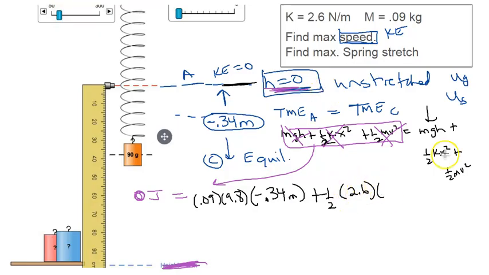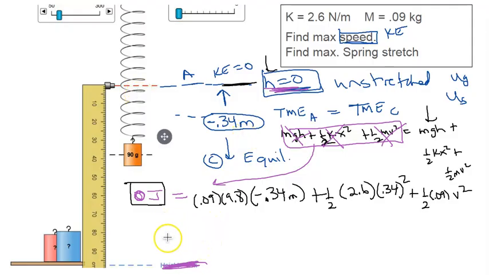So K is 2.6. Delta X is negative 0.34, but we're going to square it. Okay, that's why I like to set sea level to there. Then these two numbers are the same, nice and easy. And we are looking for the speed. Okay, so do not freak out if your total energy is 0. As long as you're going to continue to go lower than you start, it's going to be okay.